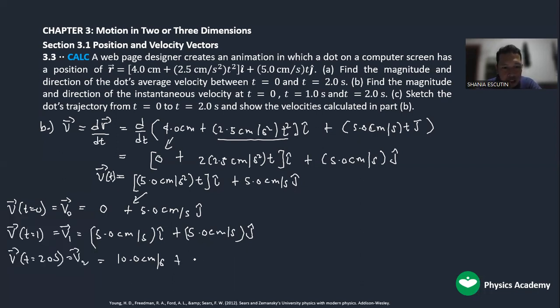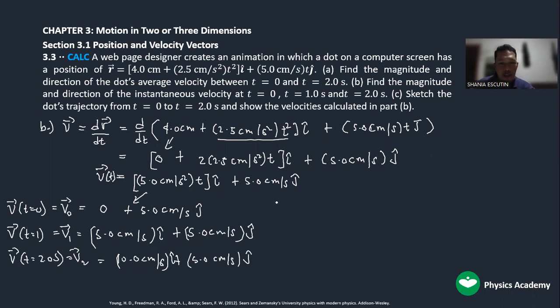Plus 5.0 centimeters per second, j hat. Okay. So we have the values here.